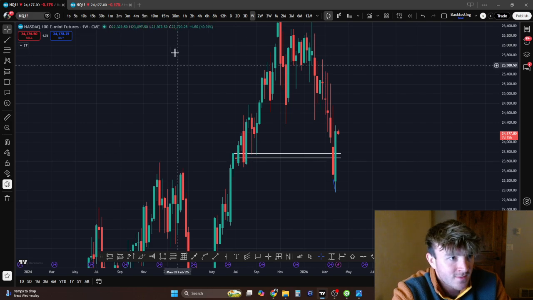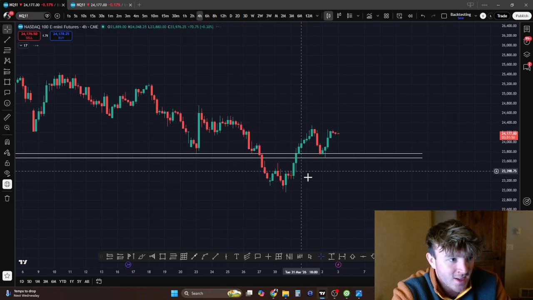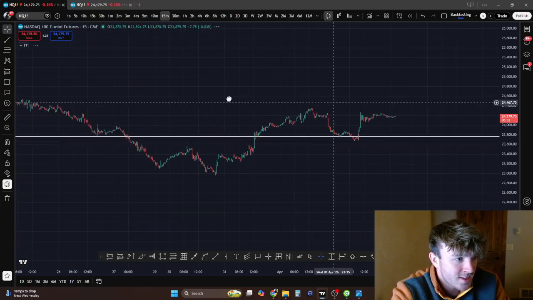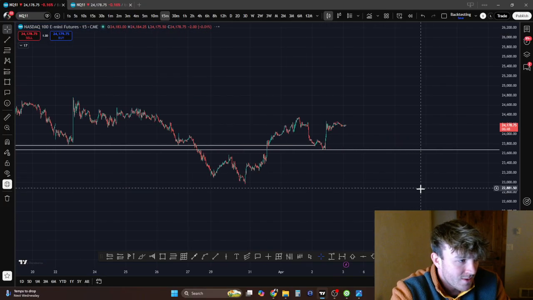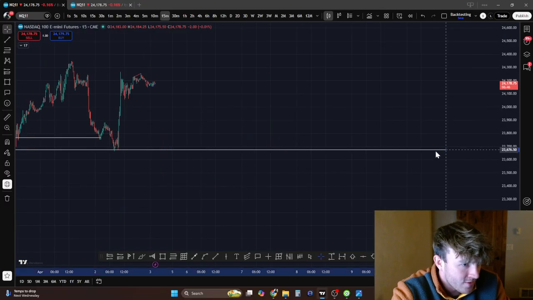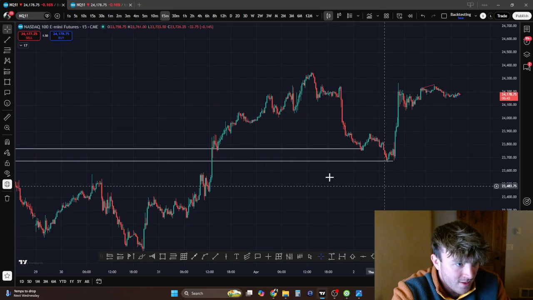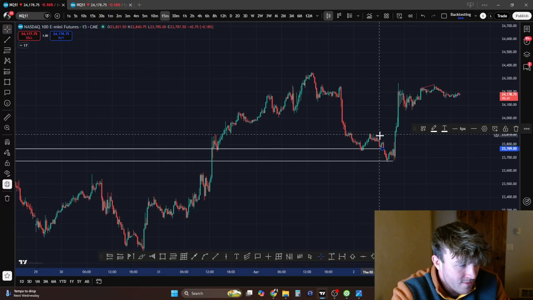But you can see the market really nicely, efficiently delivered this volume imbalance. Look at how perfectly we deliver this weekly volume imbalance. We come down, take the low, and then deliver higher.